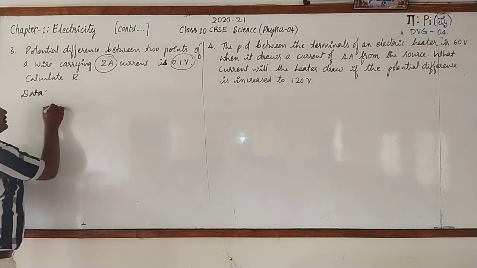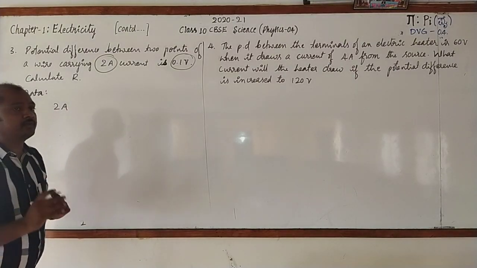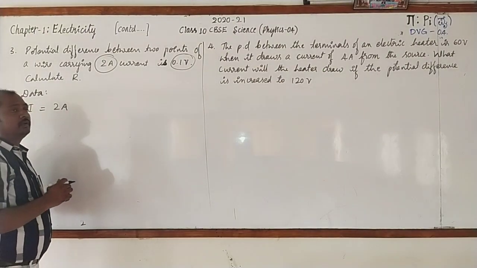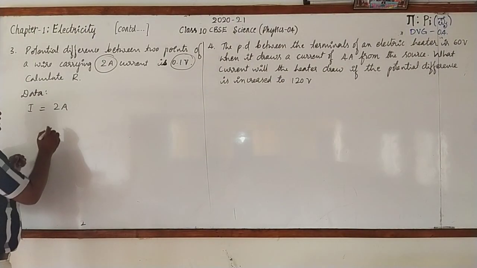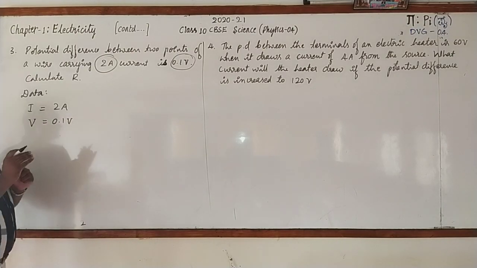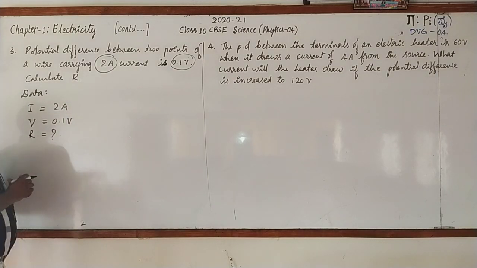Yes, 2 amps. Which physical quantity is it? Ampere is the SI unit of current. Hence we can write I equal to 2. Then what does 0.1 volt indicate? It is voltage, nothing but potential difference. You are going to calculate R is the question.